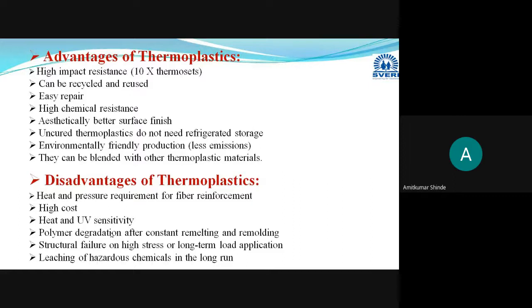Instead of leaching, the better word is contamination may occur here. Some foreign material or dust particles, for example, but here instead of dust particles other chemicals may be there. Other foreign materials may get added, which is termed the leaching of hazardous chemicals in the long run.